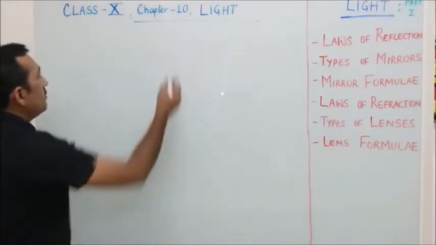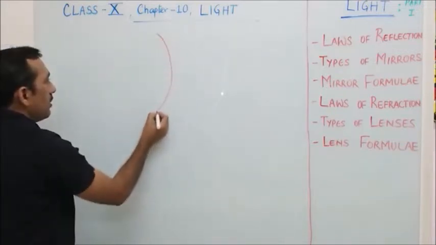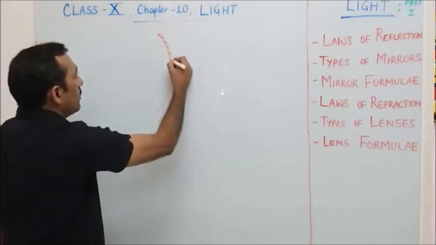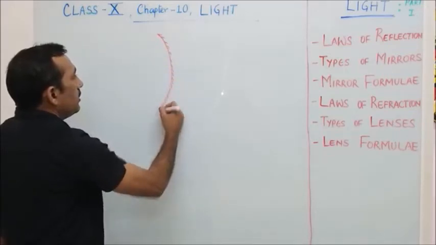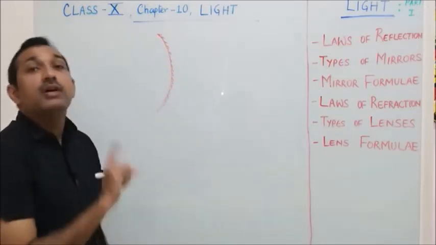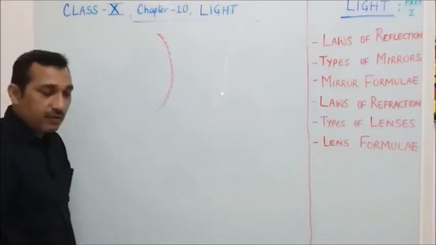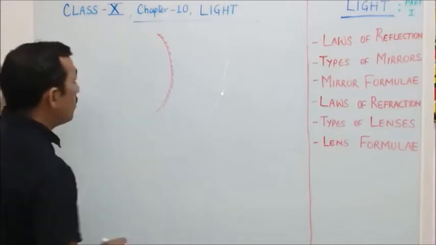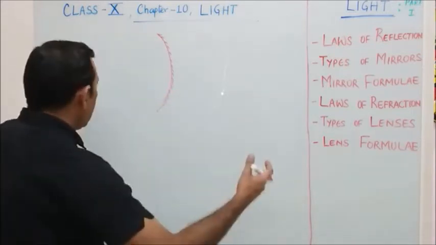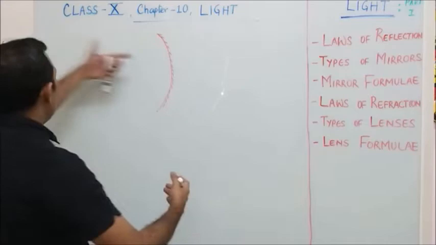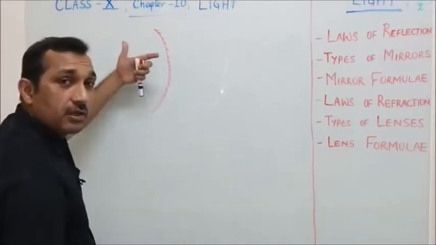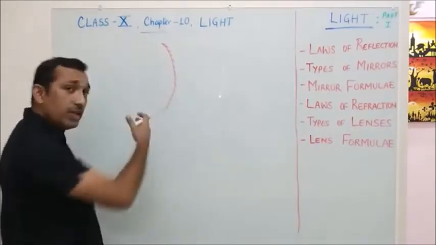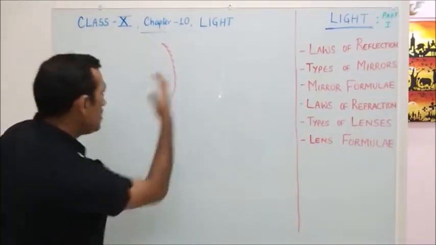So we have one structure like this. This indicates this side is not reflective, this side is reflective, and it's customary that we always take light coming from the left side. If I am standing like this, this is my left. Now I am able to draw only 2D, but actually it's a 3D structure, so I am seeing it from the side.